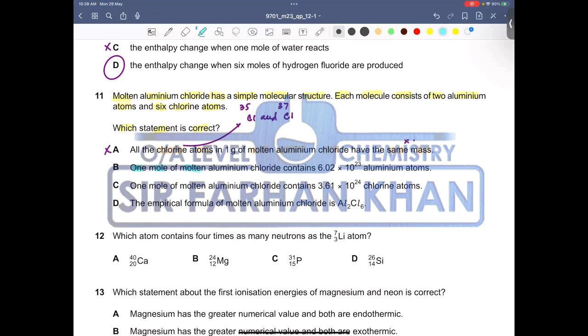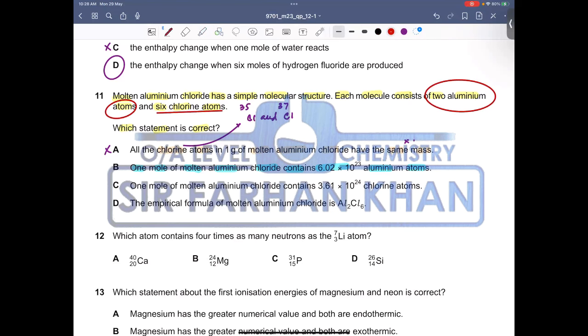1 mole of molten aluminum chloride contains this much aluminum atoms. Okay. We have 2 aluminum atoms and 6 chlorine atoms.